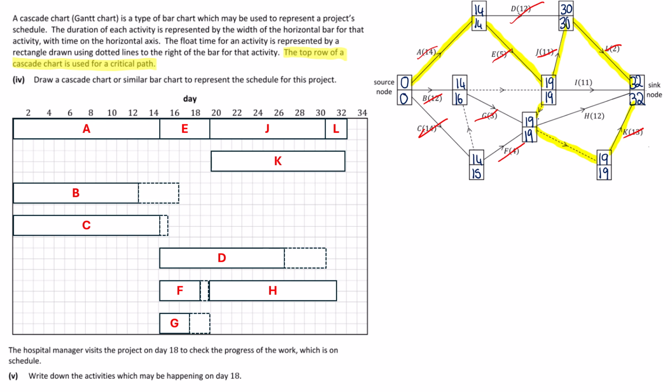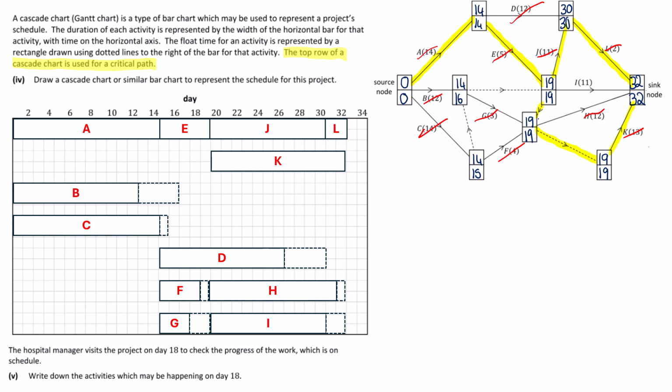So what that looks like is, sorry, H. So sorry, H starts at 19, has a duration of 12. 19 plus 12 gives us 31. So it gives us 1 extra piece of our float. And then I is going to be 19 plus 11, which gives us 30, and then a little float of 2. So this is our completed Cascade chart.